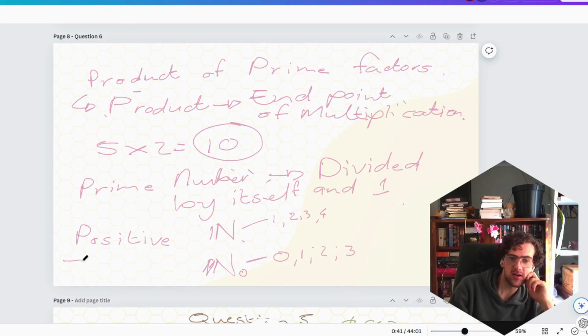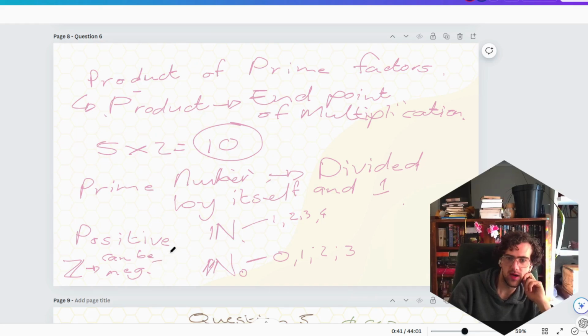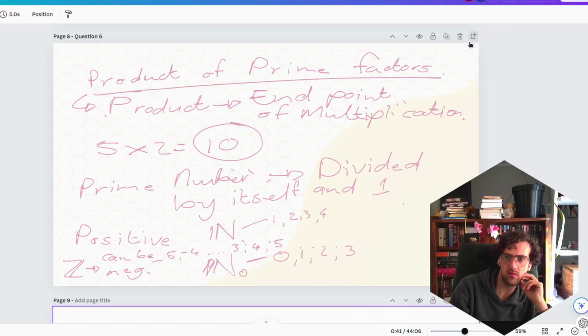Whereas an integer can be negative. Okay. So we can do -5, -4, 3, 4, 5. Okay. So that's product of prime factors. Now let's do one more.